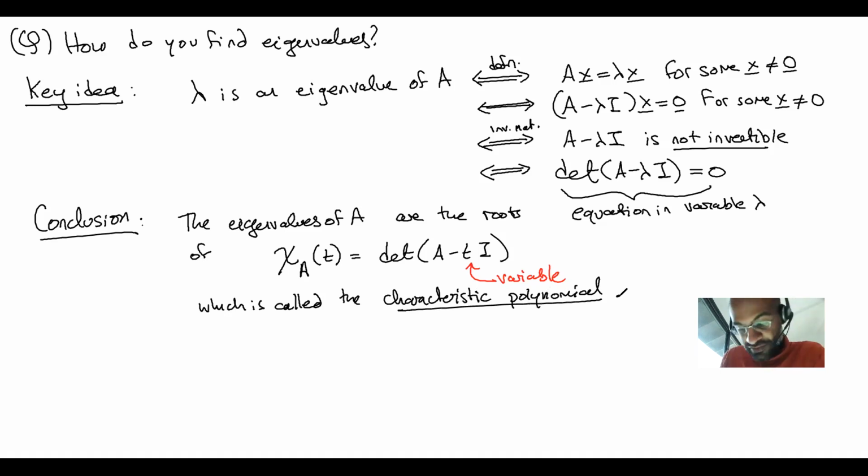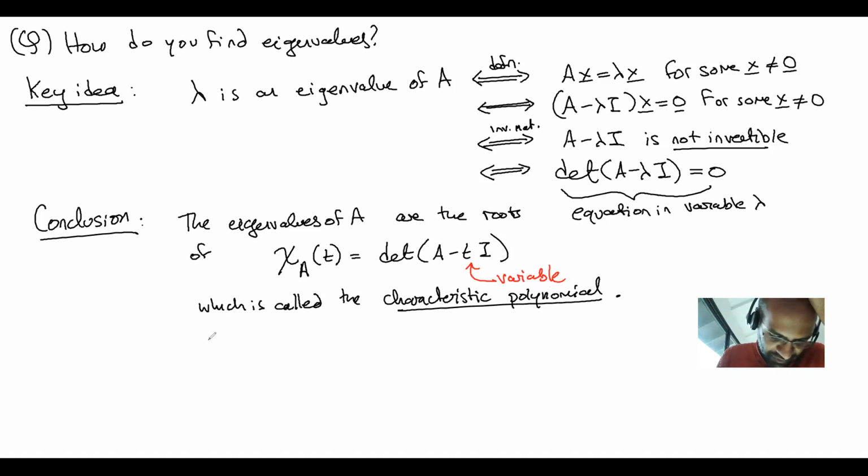Okay, so this is always a polynomial in the variable t. I've changed the variable from lambda to t because I was using lambda to refer to specific eigenvalues, and I just want to emphasize that this is a variable. It's not a constant.